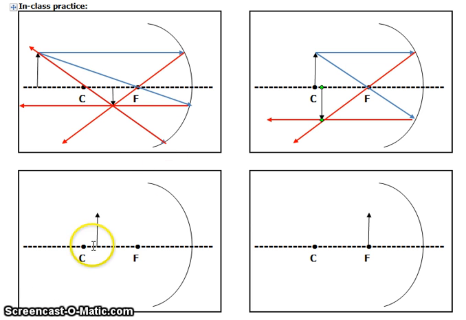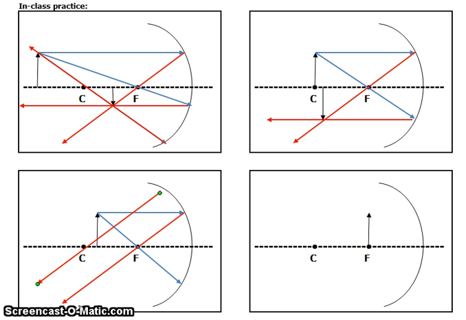Let's move on to the next one where we are between the center of curvature and the focal point, so we're going to do parallel through the focal point, through the focal point, parallel. Now here, if you try to do a ray that goes through the center of curvature, well, that ray is never going to interact with the mirror.